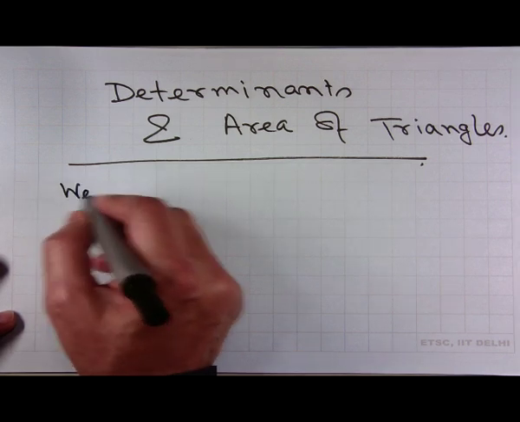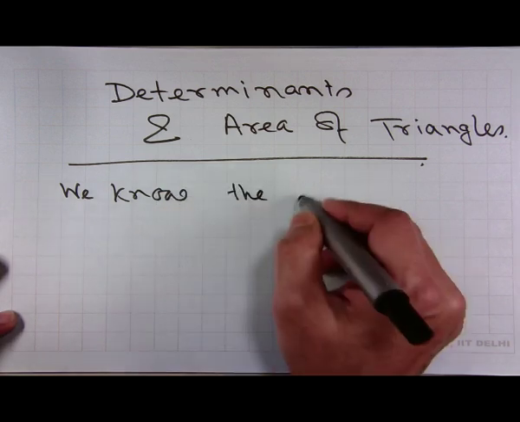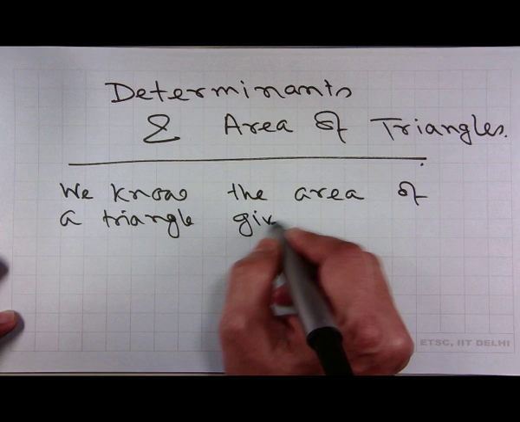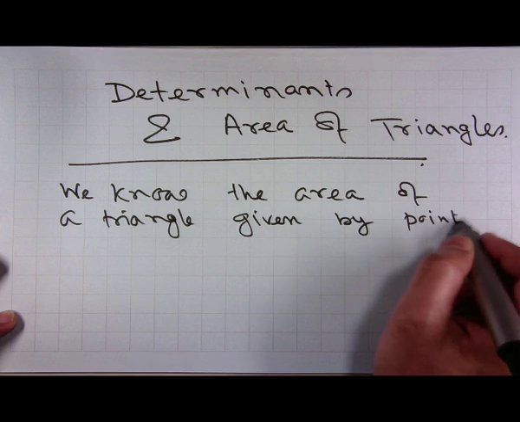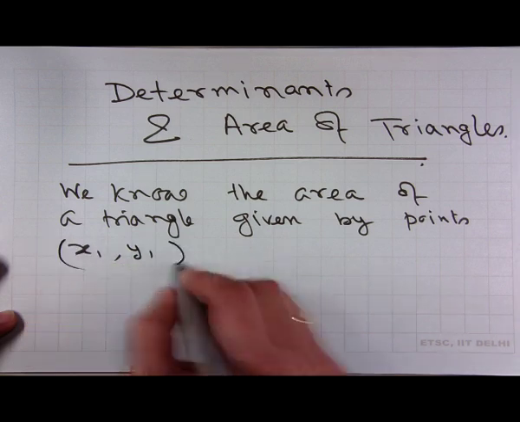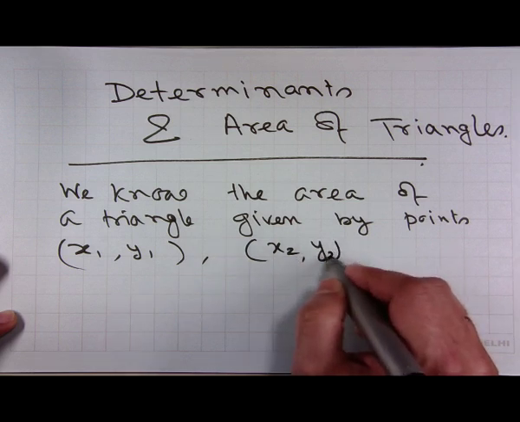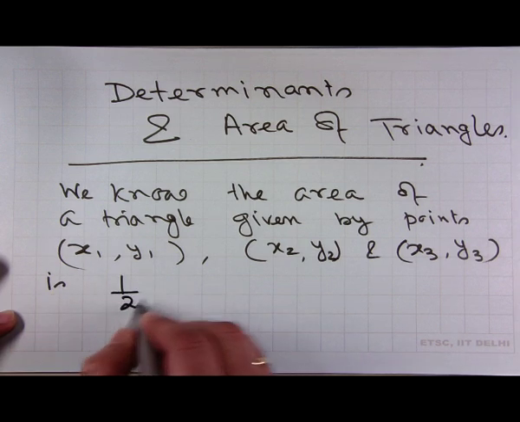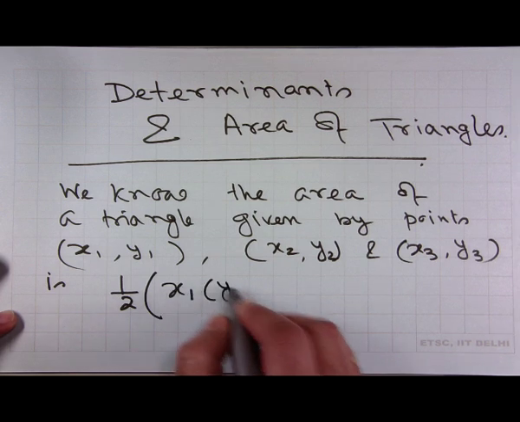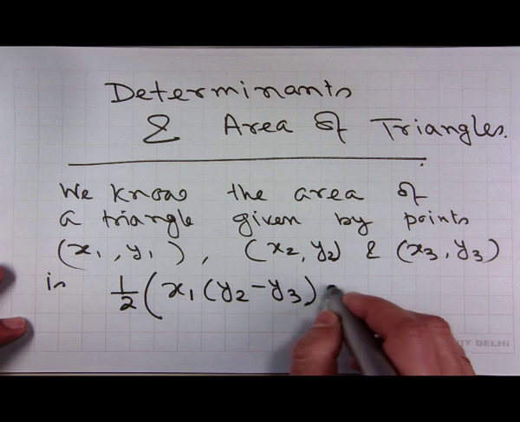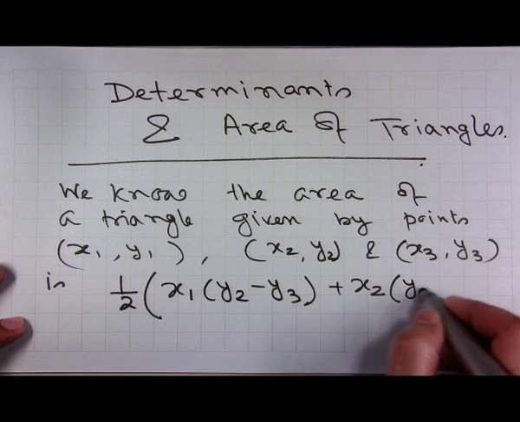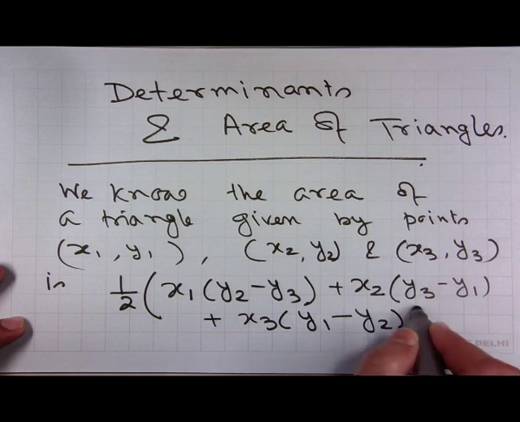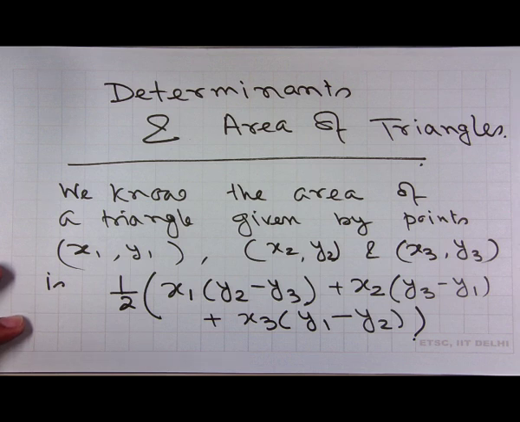We know the area of a triangle given by points x1, y1, x2, y2 and x3, y3 is half into x1 into y2 minus y3 plus x2 into y3 minus y1 plus x3 into y1 minus y2. This we have seen in our coordinate geometry.